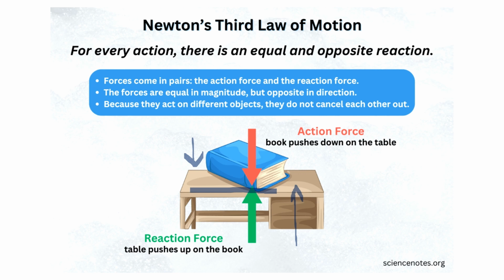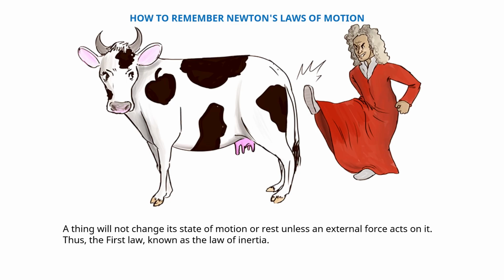Equilibrium: these forces balance each other out, resulting in the book remaining at rest on the table. If the table couldn't exert an equal and opposite force, then the book would accelerate downwards and fall through the table due to gravity. Newton's third law, often stated as, for every action there is an equal and opposite reaction, is a fundamental principle in physics that governs interactions between objects.